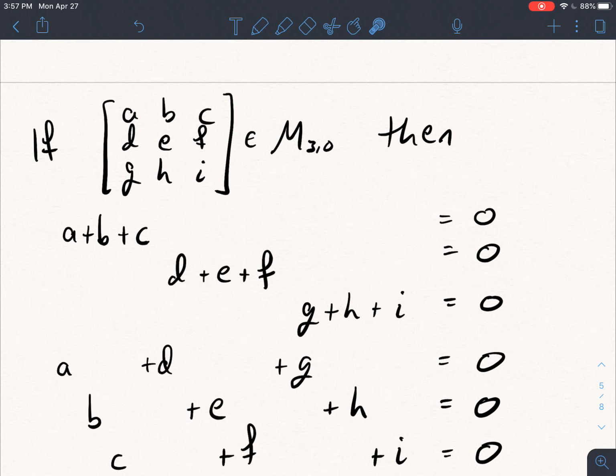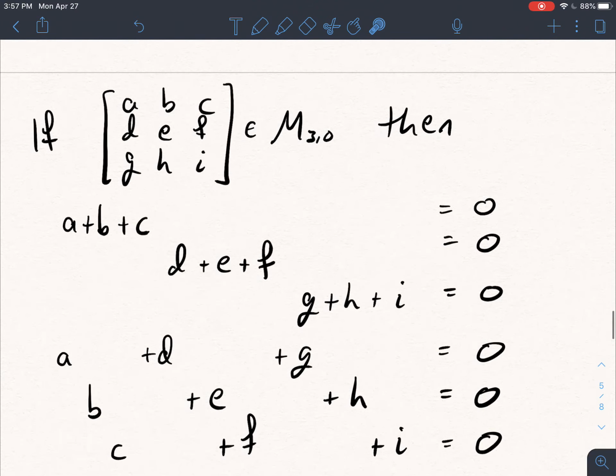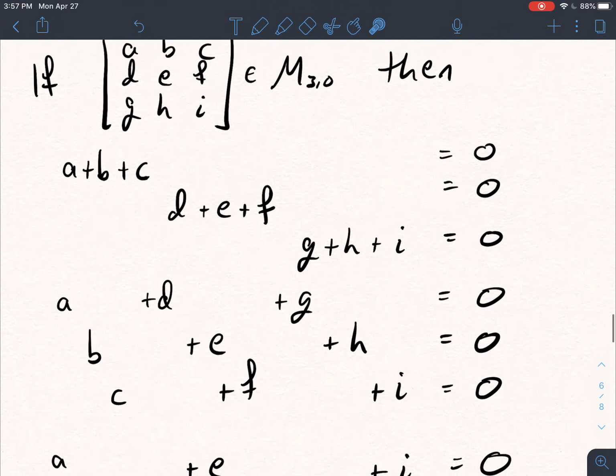Additionally, each column has to add up to 0. I'm spacing these out so that we can put this into a matrix a little easier. So a plus d plus g, then b, e, and h, and then c, f, and i. All of those have to add up to 0.